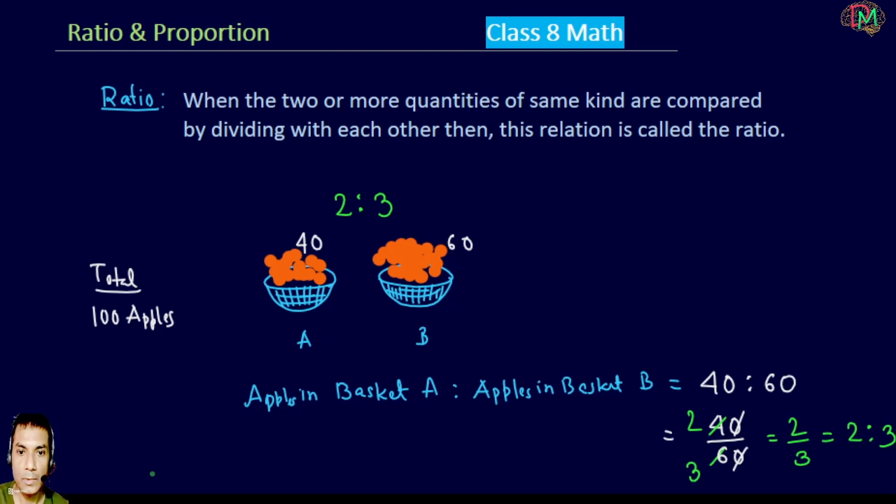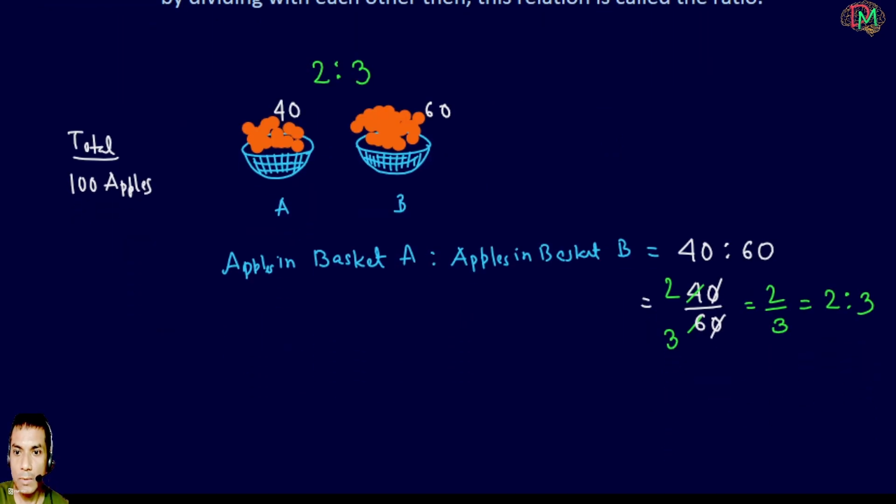Okay, so in the general form, for example, if there are two similar quantities, A is to B, we can write it in A by B form.